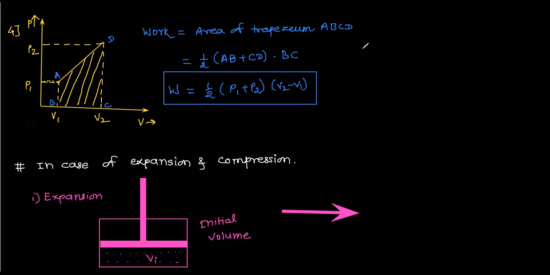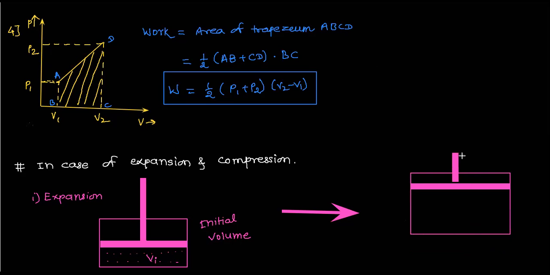So how it is, let's see. This is a container again, and you are having this piston now moved here. Got it? This piston moved here. So now this is a gas again.